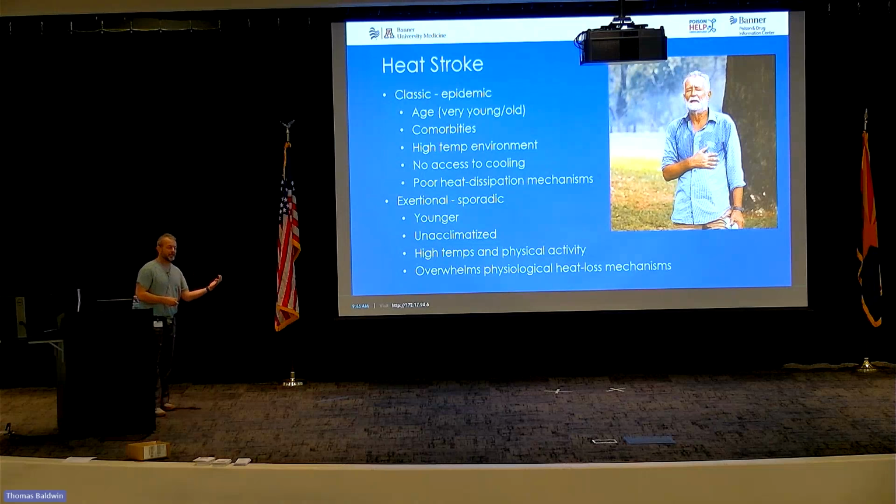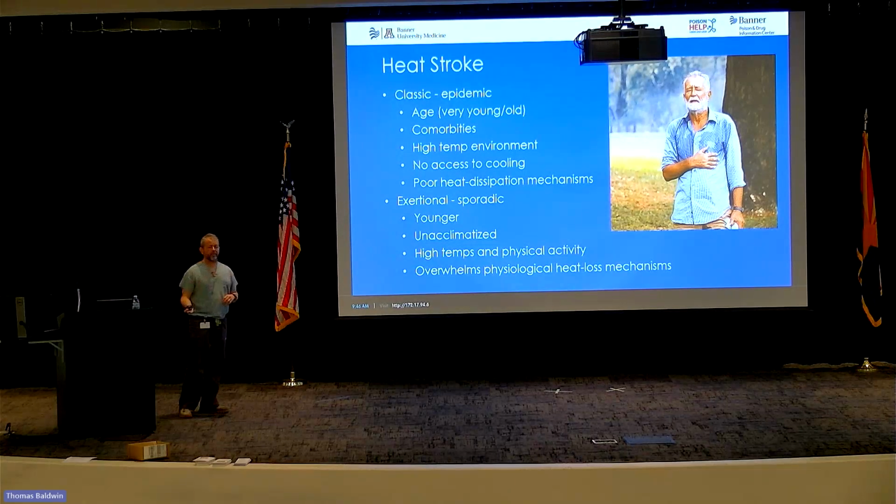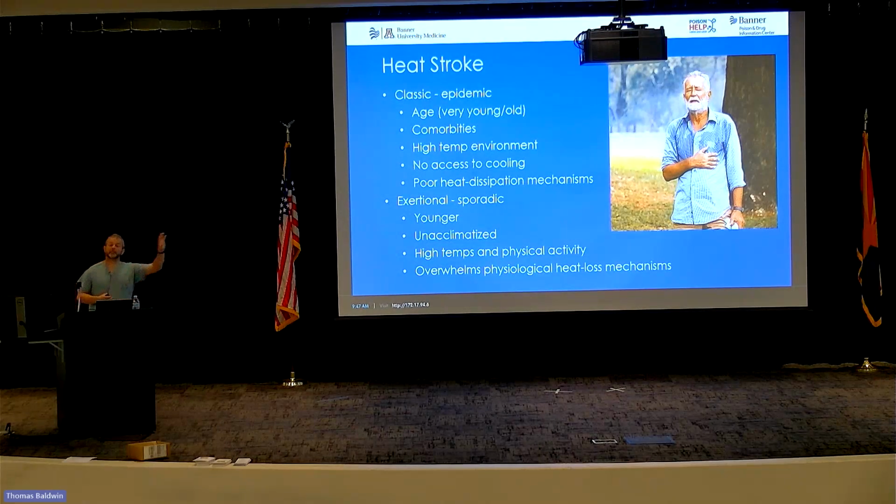Oftentimes, it's the heat contribution exacerbating those underlying comorbidities that leads to poor outcomes in these patients, whether by medication, functional ability, or social or residential ability. They either don't have access to cooling or to changing their environment to move from that hyperthermic environment. And again, this tends to deal with a poor heat dissipation mechanism based on any of those risk factors that we went through earlier.